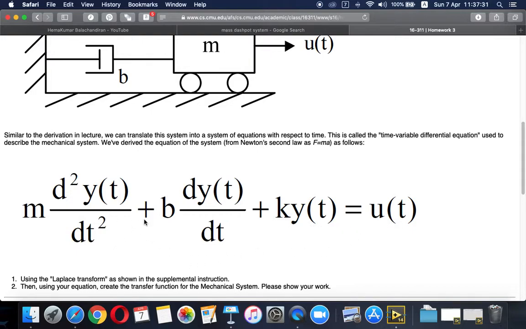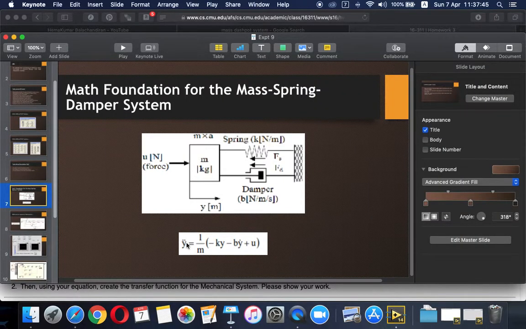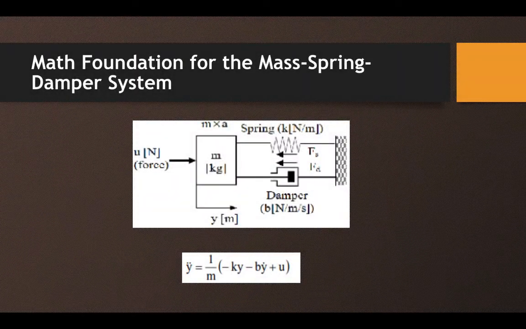I want y double dot, so I take these two terms to the other side, which becomes m y double dot is equal to u minus b y dot minus k y. This gives the expression y double dot is equal to 1 by m of u minus k y minus b y dot. This is the system we have seen.